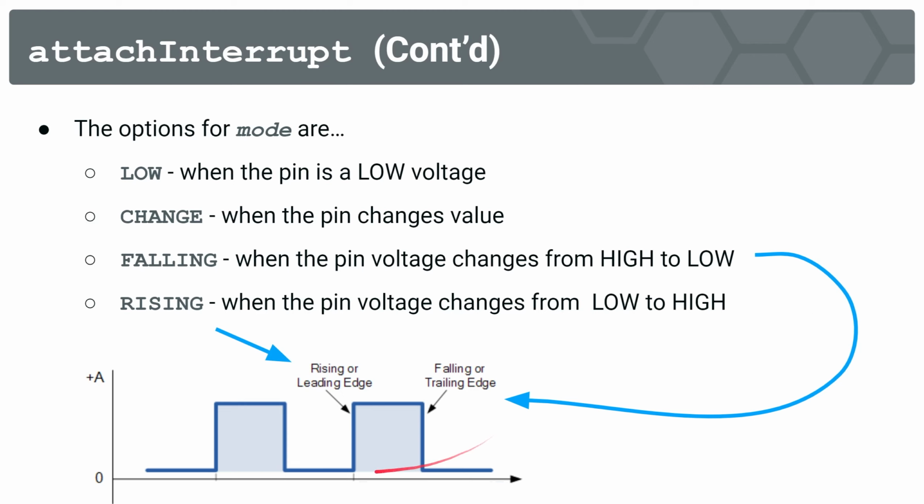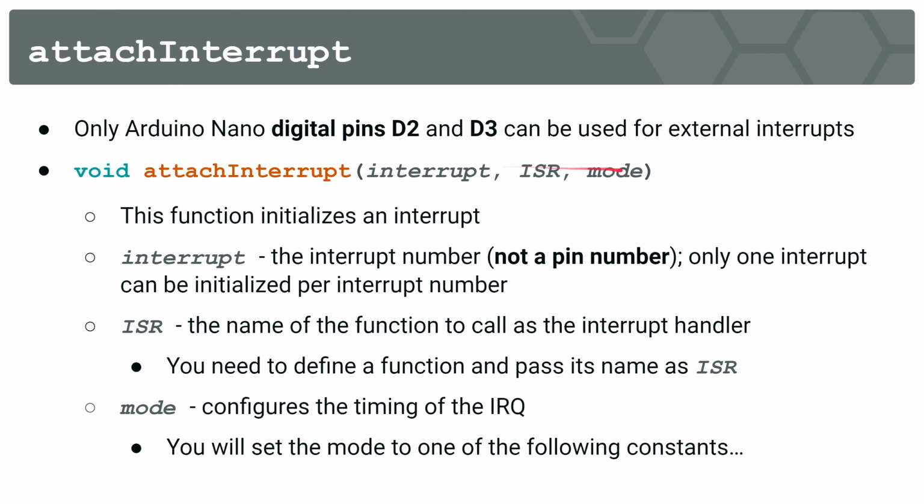So if we looked at this waveform over here, it would only be triggered when we go on the falling edge of a digital signal. The alternative would be RISING, of course. So when the pin voltage changes from low to high, this is when we're on the rising edge of a digital signal. That's when the IRQ will trigger for that last mode. So again, 4 options, 4 modes. You are going to pass arguments to all 3 of these parameters.